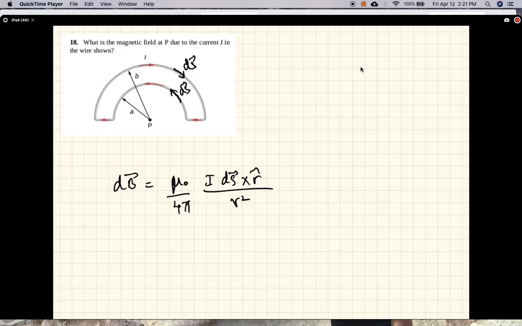Okay, so now we'll call this curve 1 and this curve 2.